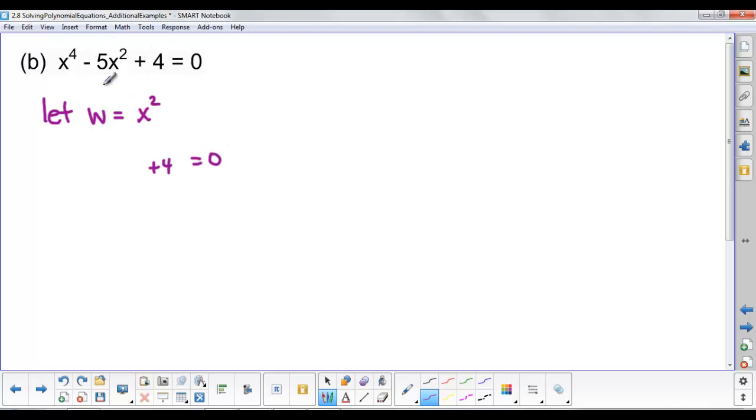The substitution works nicely because this is minus 5w. Now if you think about it, if I take w and I square it, that's the same thing as saying the x squared, which represents w, is squared. So w squared equals x to the power 4, and that's exactly what we want over here. So this is really w squared.